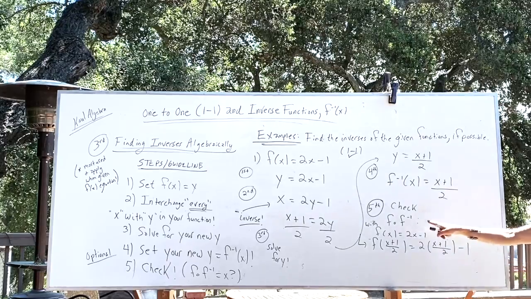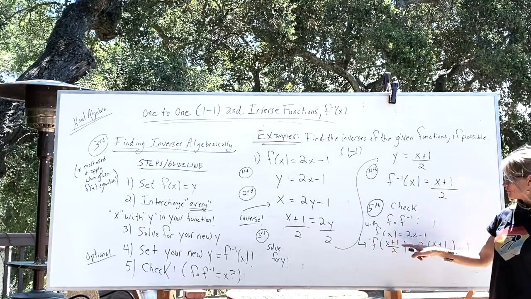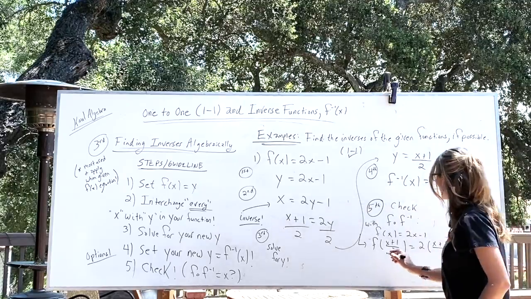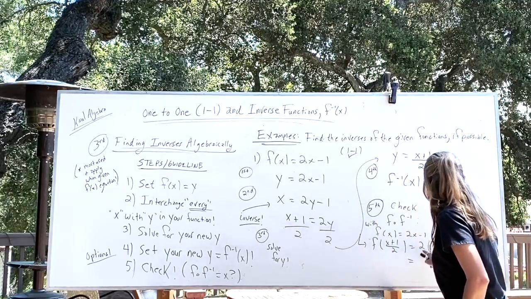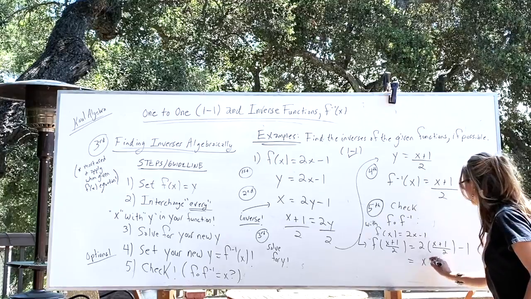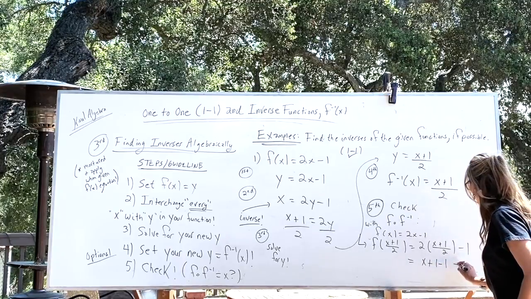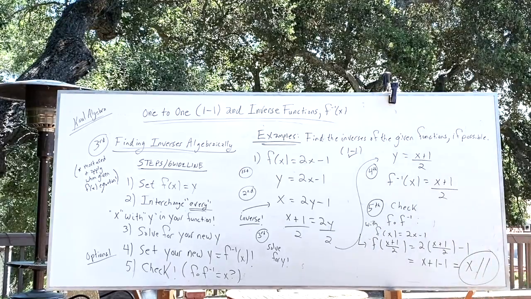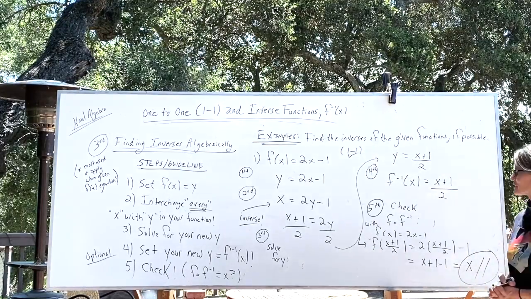I've inserted my inverse function into my original function. I'm taking the composition, and the 2's cancel, x plus 1 minus 1, which just equals x. And that confirms that it is our inverse function.